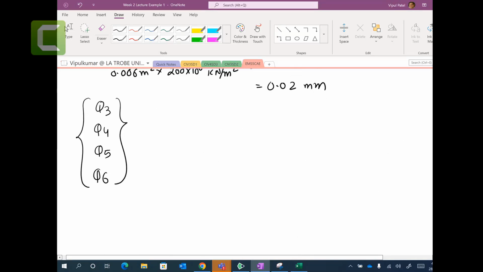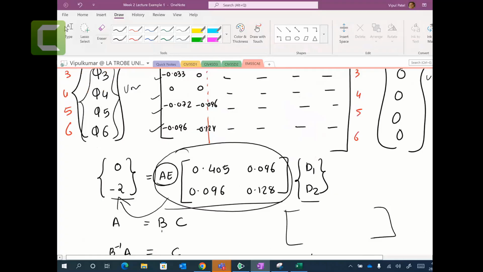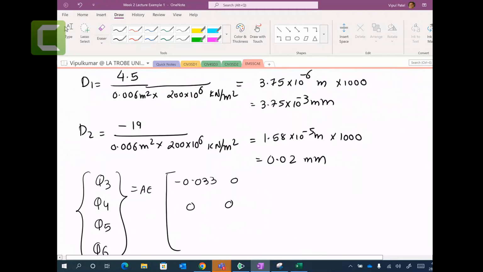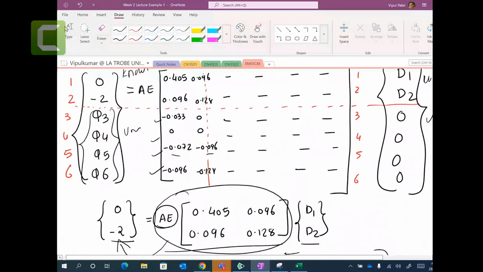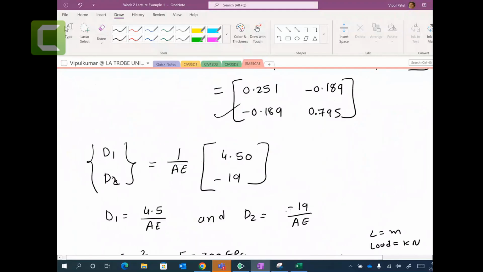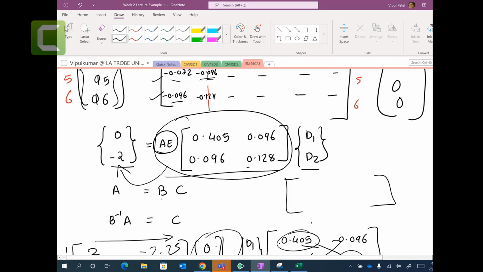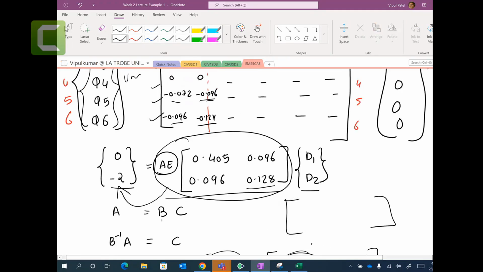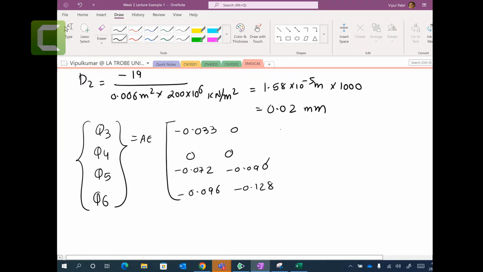In here, I'm going to write those values. Minus 0.033, 0, 0, and you're going to write minus 0.072, minus 0.096, minus 0.096, minus 0.128, minus 0.128, and you have D1 and D2.